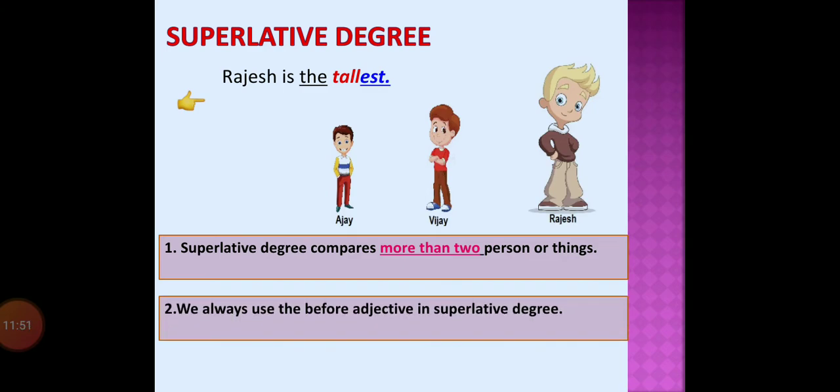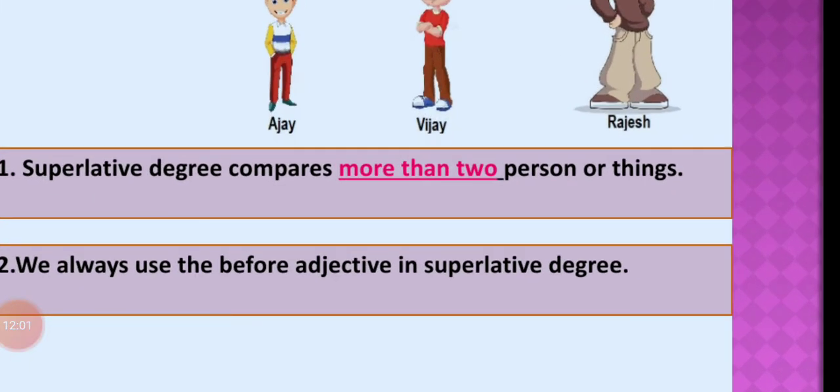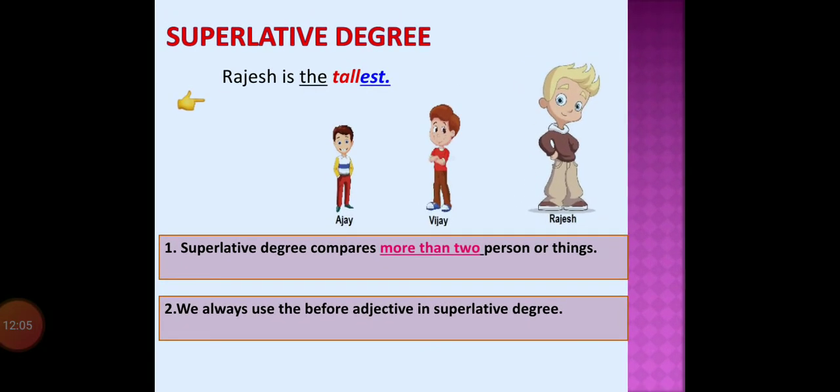And we always use "the" before the adjective in superlative degree. Okay, so what I have written here, Rajesh is the. Why the? Basically "the" is our article, right?